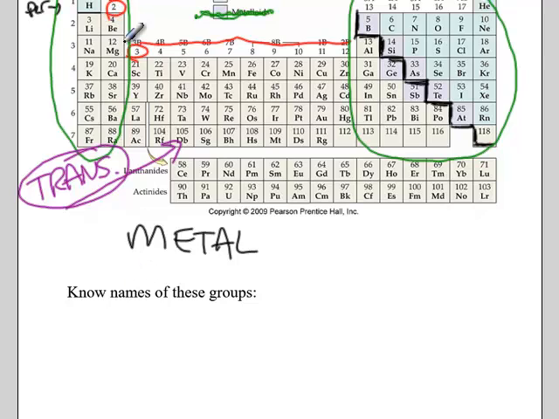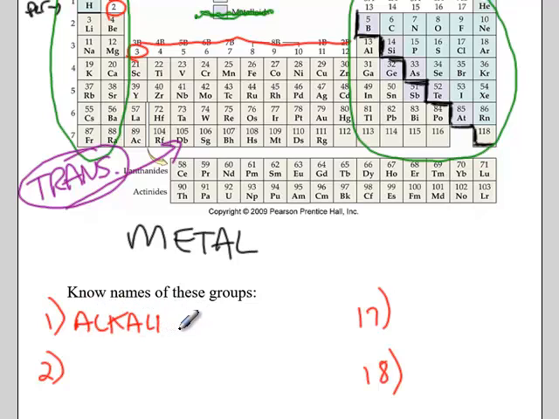Also, you need to remember 4 particular group names. The groups that we're going to require the names of are groups 1 and 2, so the first 2 on the left, and then 17 and 18, the last 2 on the right. Group 1 elements are called alkali metals, and group 2 are called alkaline earth metals.